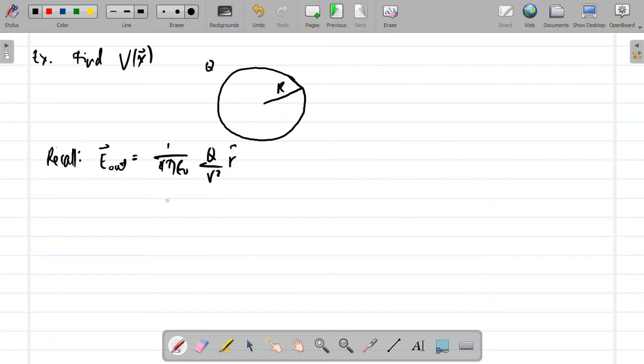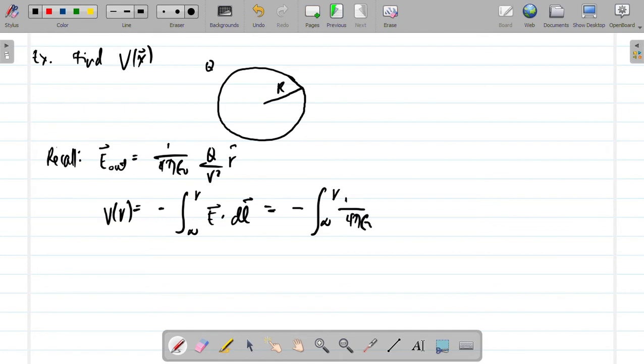Okay? So, we have V of R equals negative integral ng infinity to R E dot dl. This is negative integral ng infinity to R ng 1 over 4 pi epsilon naught Q over R prime squared dr prime.